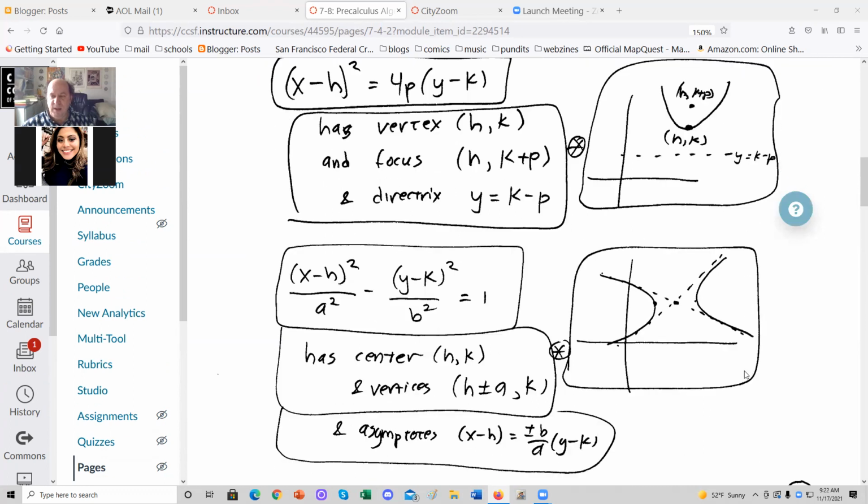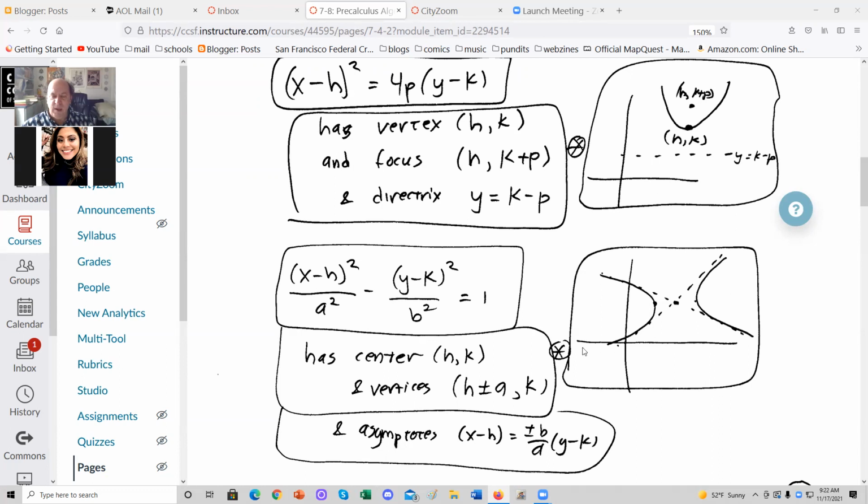Here we have a hyperbola. This is a kind of cruddy diagram, my apologies. Anyhow, x minus h squared over a squared minus y minus k squared over b squared equals 1. The x term is in front, so it's a horizontal transverse axis. Center is h by k. Vertex is h plus or minus a by k, here and here.